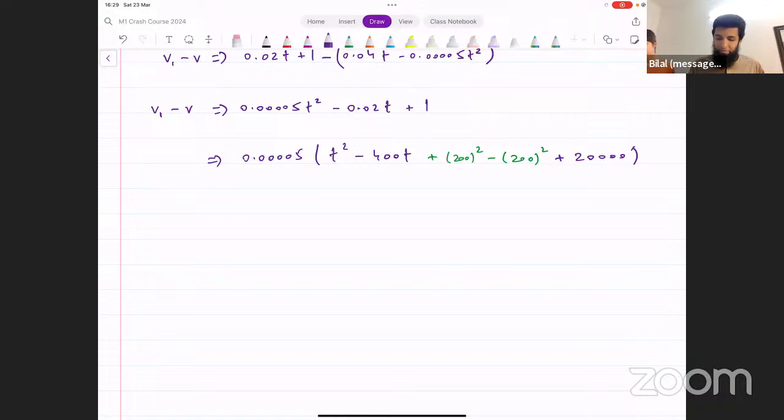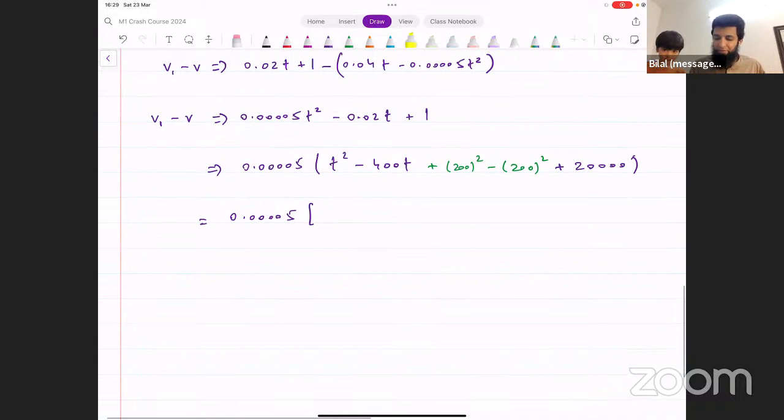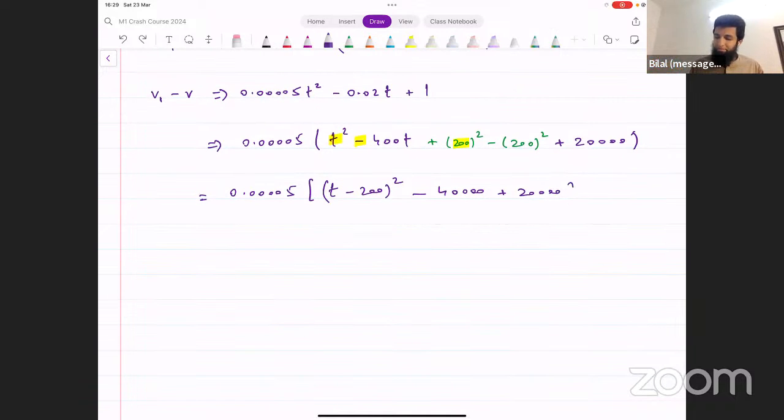What does that give us? 0.00005 stays outside. This gives us a perfect square, t minus 200, so we have t minus 200 whole squared, and then minus 200 squared, that's minus 40,000. Just confirm, 200 squared is 40,000. Plus 20,000.